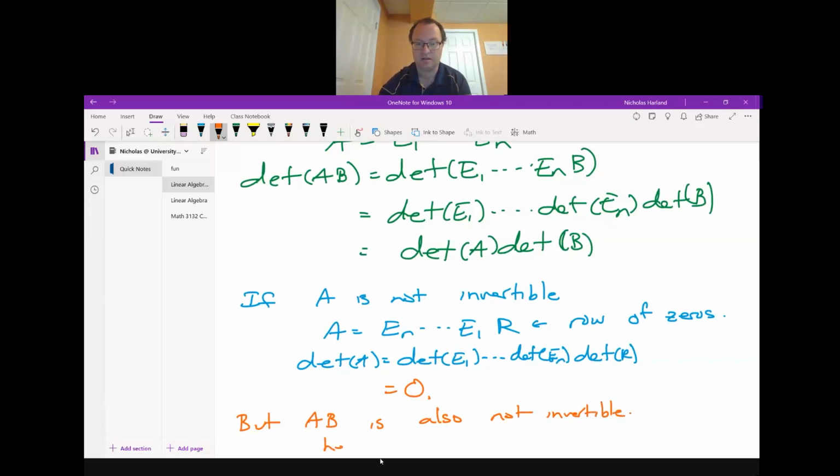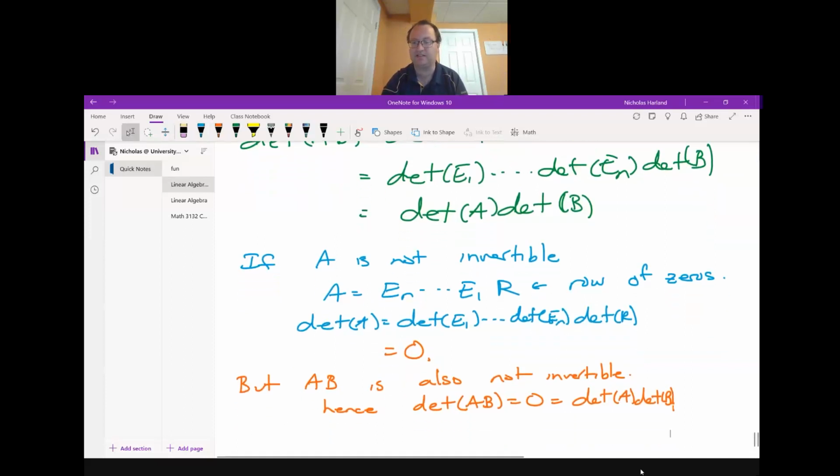And hence the determinant of AB, they're both equal to 0. So technically the property still works. If A is not invertible, then AB is also not invertible. So they're equal to each other because they're both equal to 0 for the exact same reason.